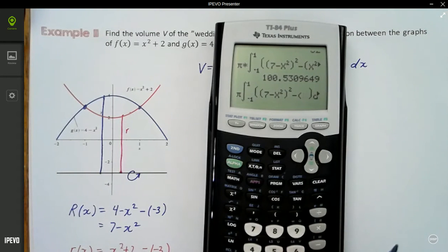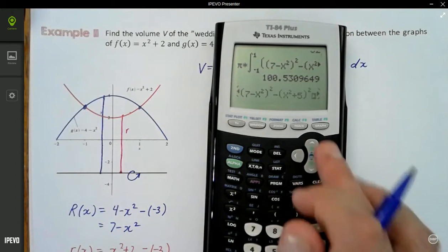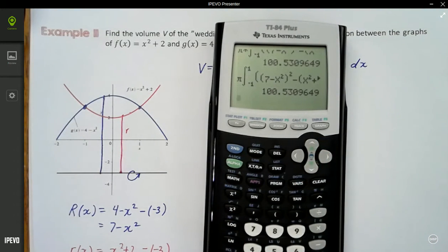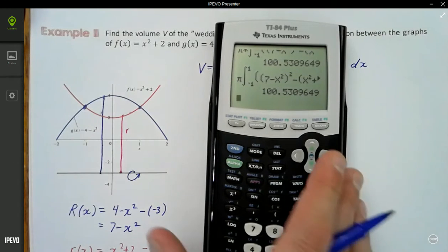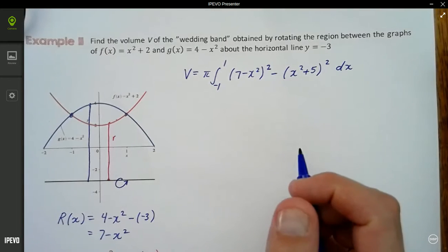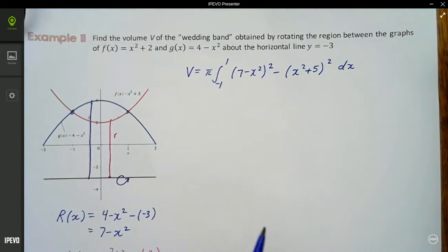So I plug in my function, x squared plus 5 is my little r of x, I square that. Hopefully I did everything right with the buttons, and it looks like I get 100.531 as the volume.